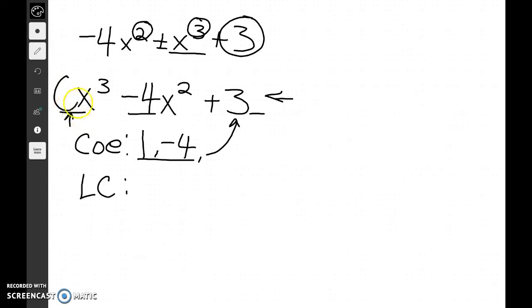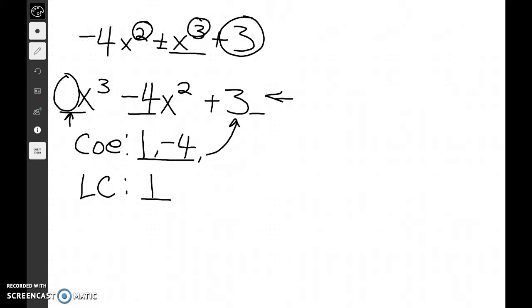In this case, the coefficient was understood to be 1. So that's our leading coefficient for this problem. The leading coefficient will be first when the polynomial is written in standard form, and as long as you write it in standard form, that should make it pretty easy.